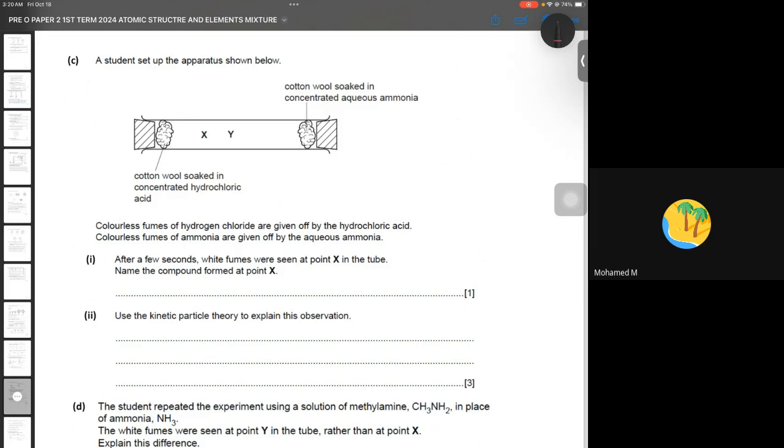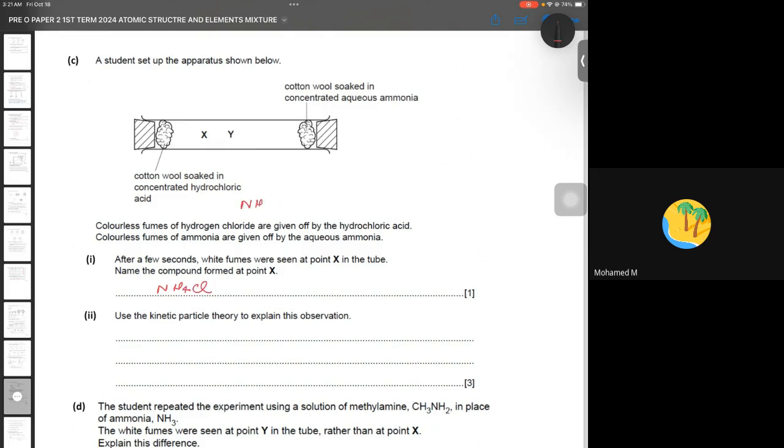A student set up the apparatus shown below. Cotton is soaked in concentrated aqueous ammonia. After 3 seconds, white fumes are seen at point X in the tube. Name the compound formed at point X. Ammonium chloride, NH4Cl.